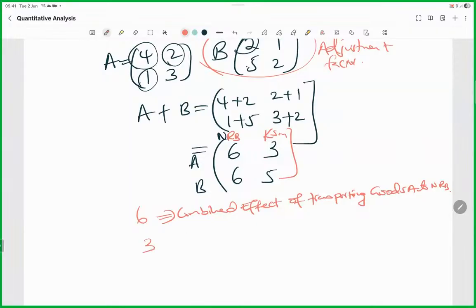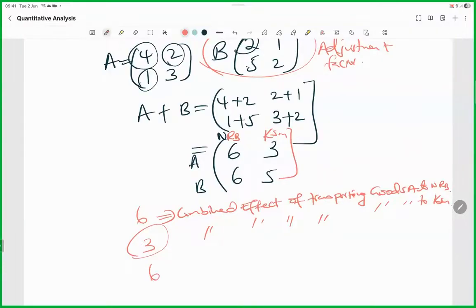Then 3 will be the combined effect, combined because we added, of transporting goods A, but this time to Kisumu.